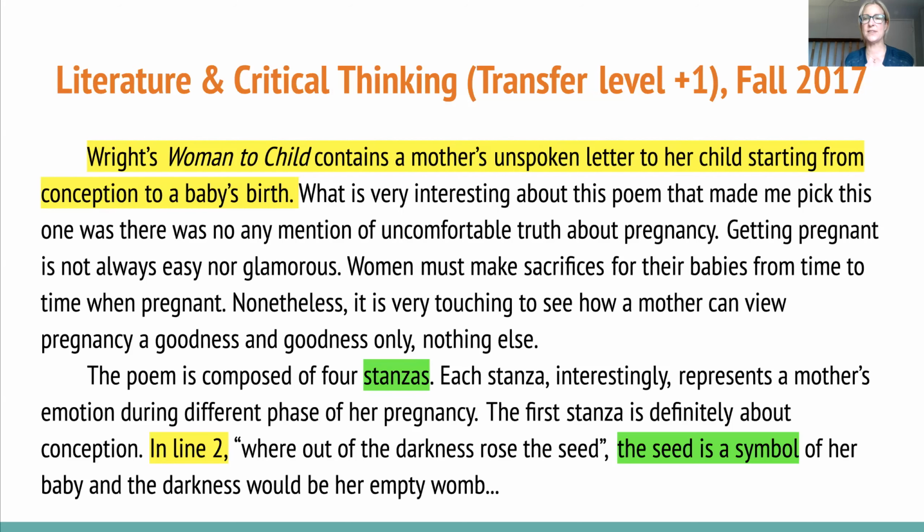I wanted to include this example because not only, again, do we see how nicely she's able to write summarizing and responding and analyzing text, but also, in the green highlights here, we can see how she's adopting the vocabulary that's specific to the task of analyzing poetry. So we see her referring to stanzas, referring to symbol.